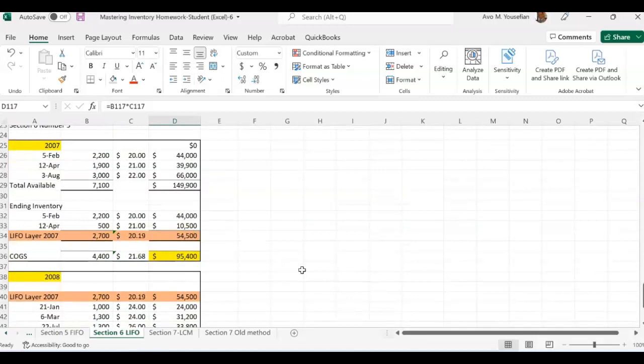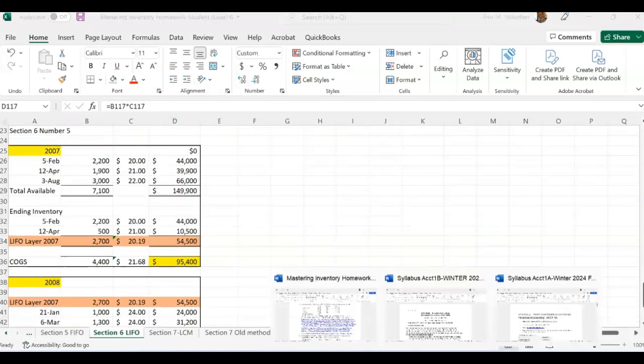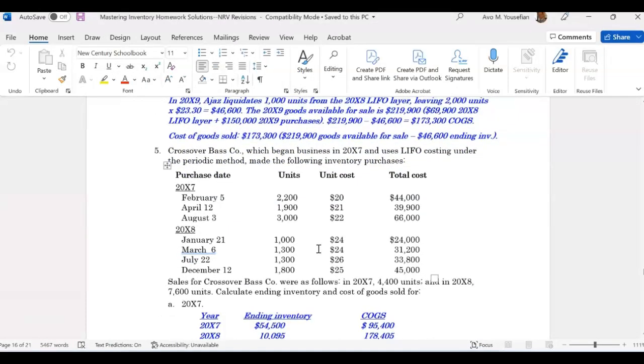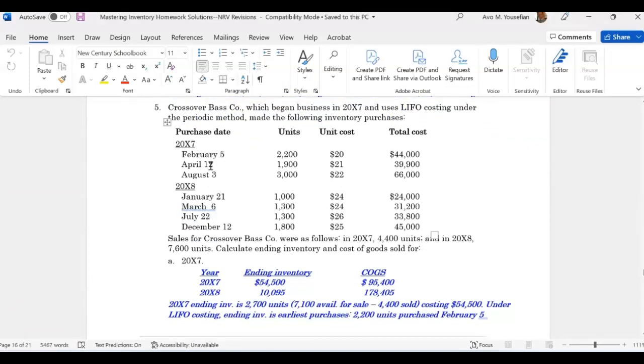Let's go to number 5. Okay, in number 5, the company which began in 2017 and uses LIFO, costing under periodic method, made the following inventory purchases.